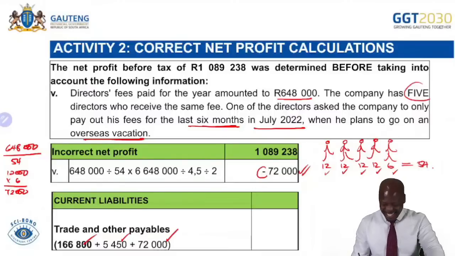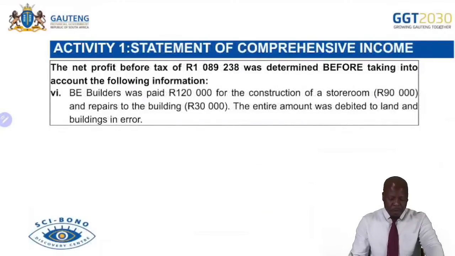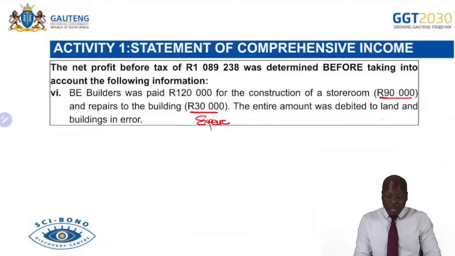Next adjustment, let's go. It reads, BE Builders was paid 120,000 for the construction of a storeroom, 90,000. Okay, so the construction is 90,000, and repairs, we know that repairs are what? An expense. The entire amount was debited to the land and buildings in error.